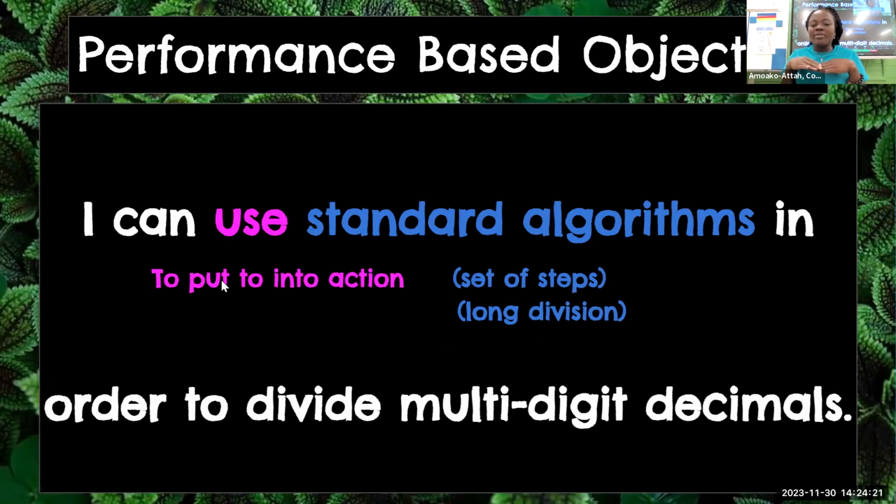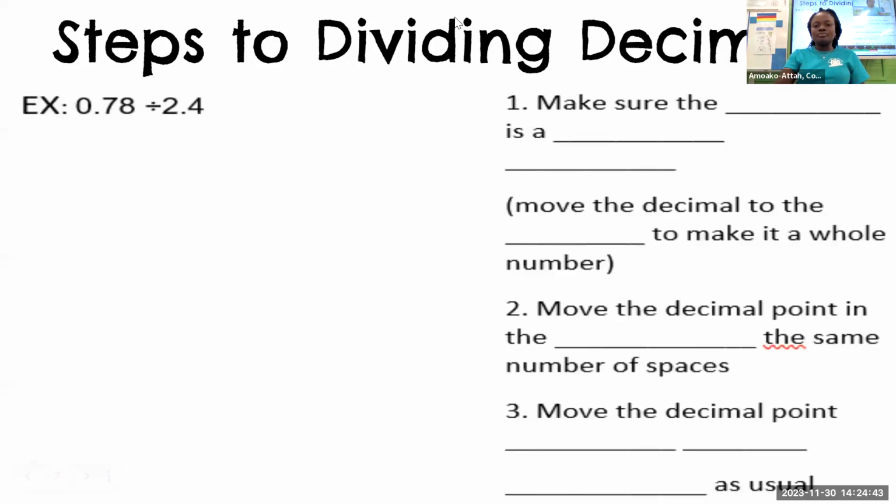Standard algorithm is a set of steps for doing something. And the standard algorithm we are going to apply right now is long division. Great. Then also, multi-digit means what? That is more than one number, involving decimals. Good. So if you know this, let's move on.